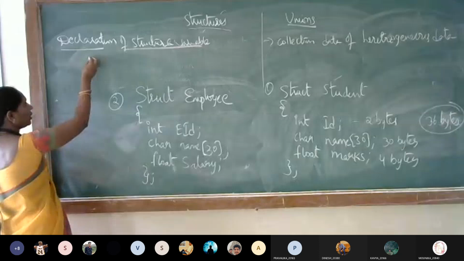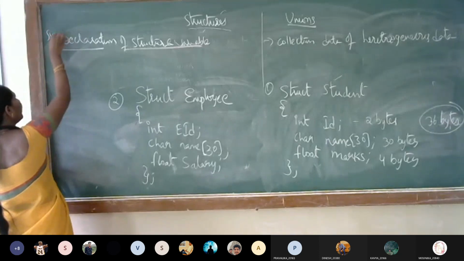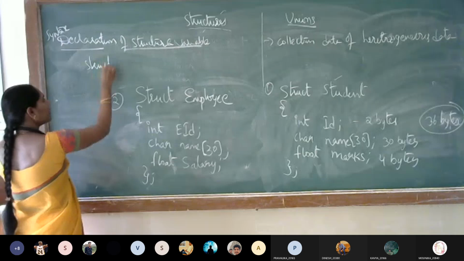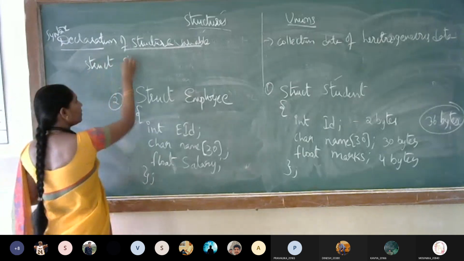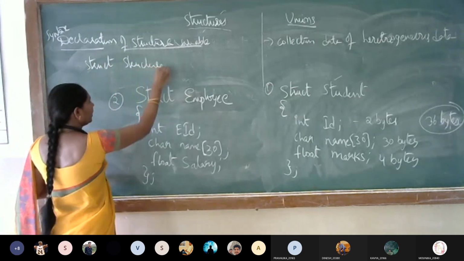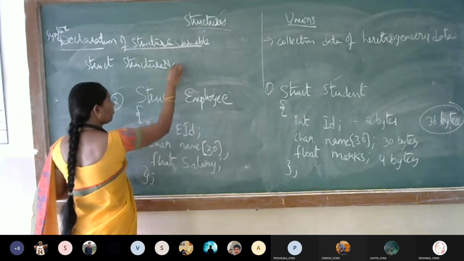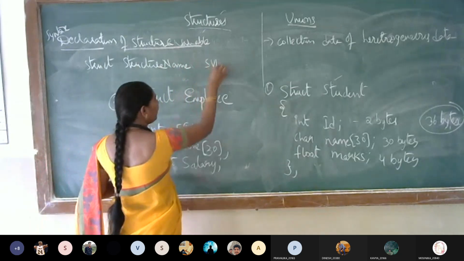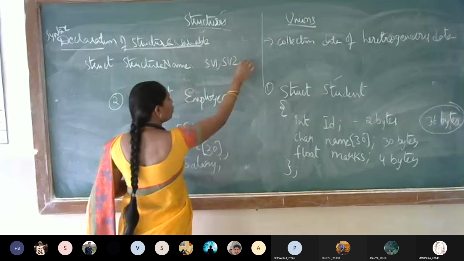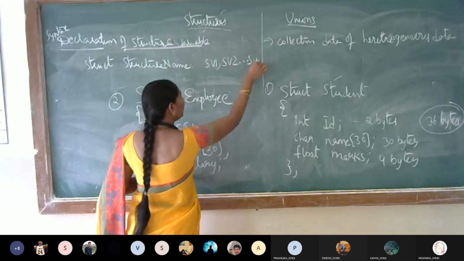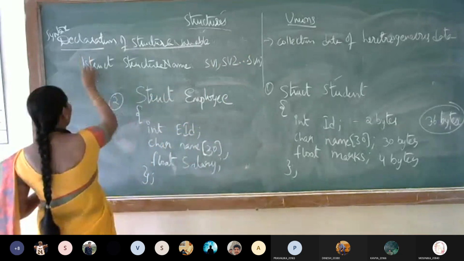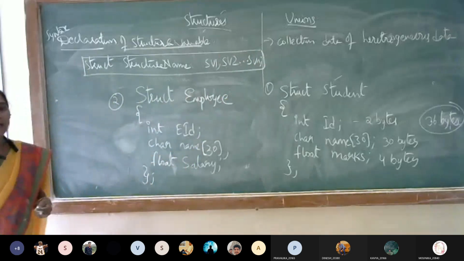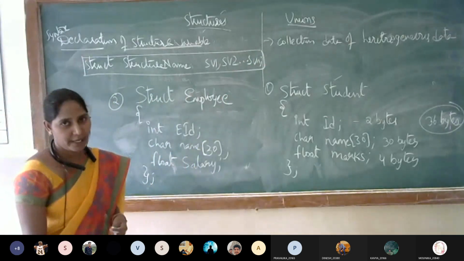So the basic syntax for declaration of a structure is: it should start with the struct keyword, then specify the structure name, then specify structure variable 1, structure variable 2, and so on to structure variable n. This is the basic syntax that you follow for defining any structure variable.